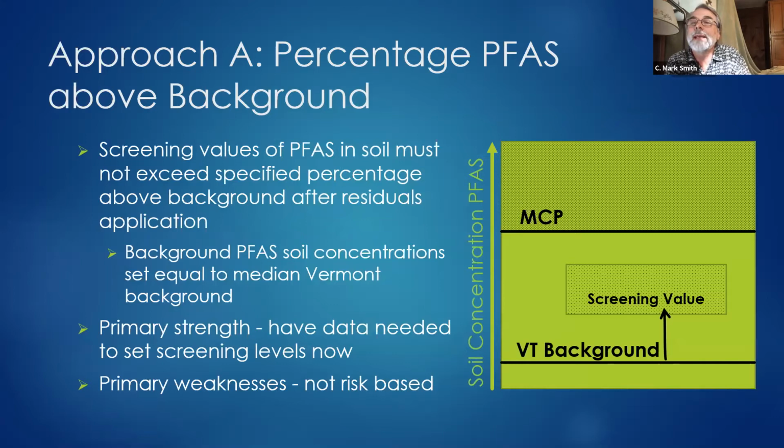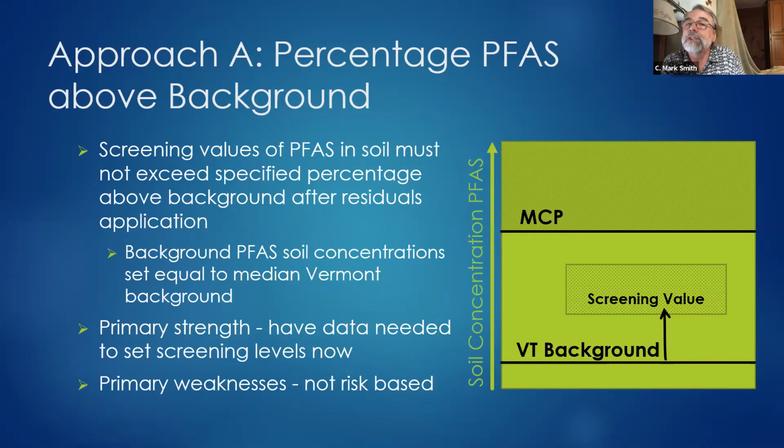So approach A. When we're talking about some percent increase in the concentration of PFAS above the background levels, this approach would establish screening levels that would not exceed a specified percent increase above background levels after the residuals application.